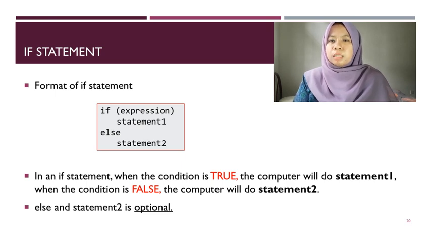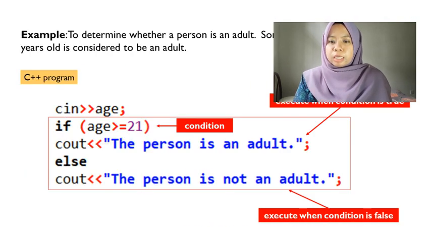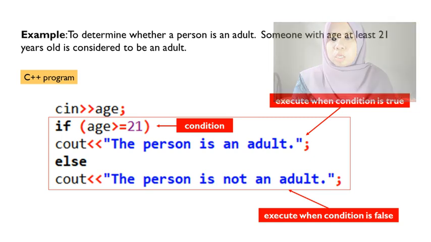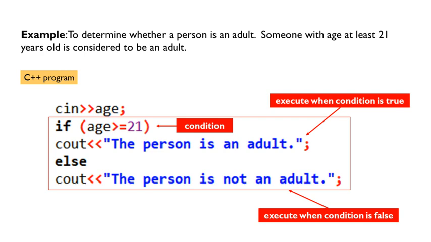Let me show the previous example, determining whether a person is an adult or not. I want to show you where the condition is and then where it executes. As you can see, the condition here is in the brackets.